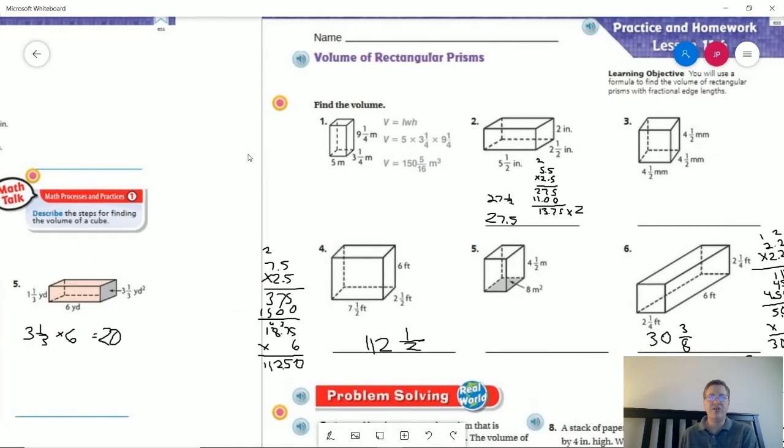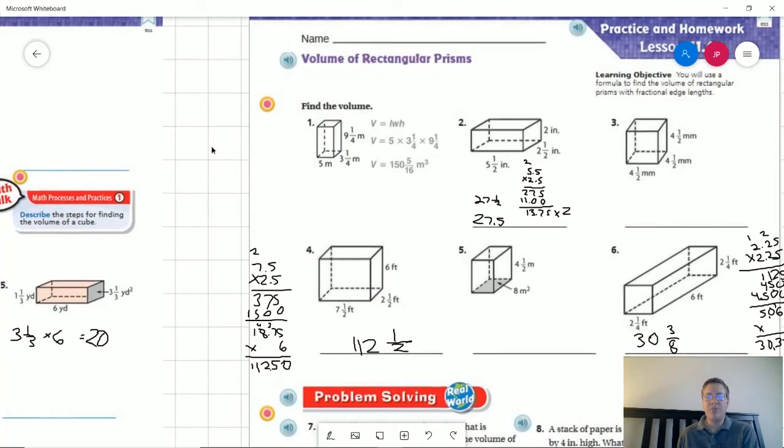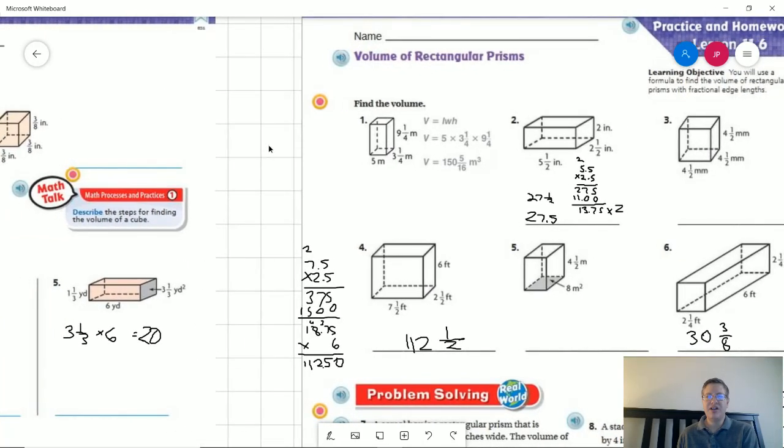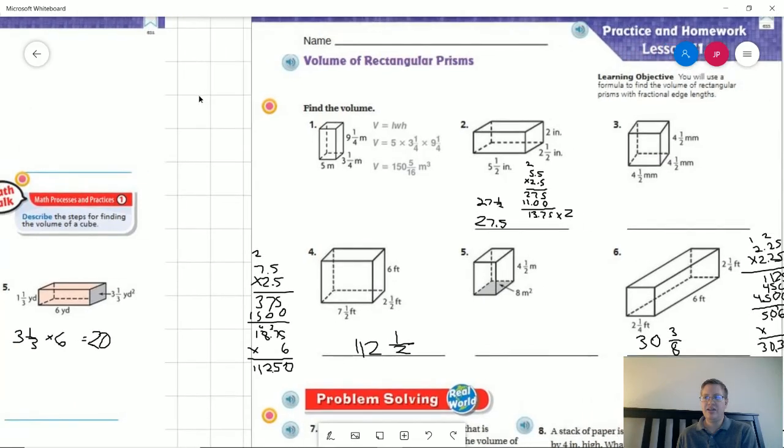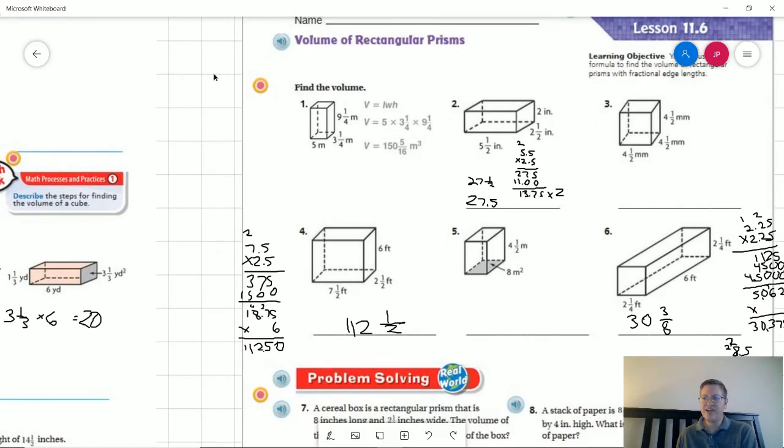All right, so for the homework problems, I'm going to try to leave some of the answers off the screen. What I want you to do is make sure for this particular one, we are working with 3 different sections.